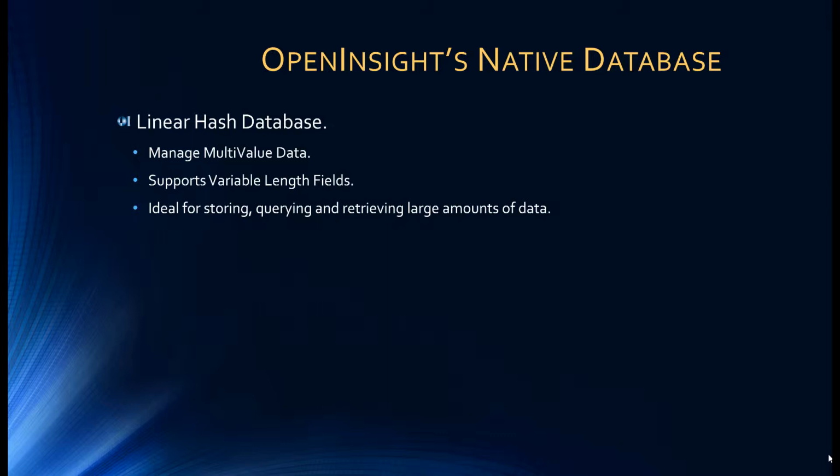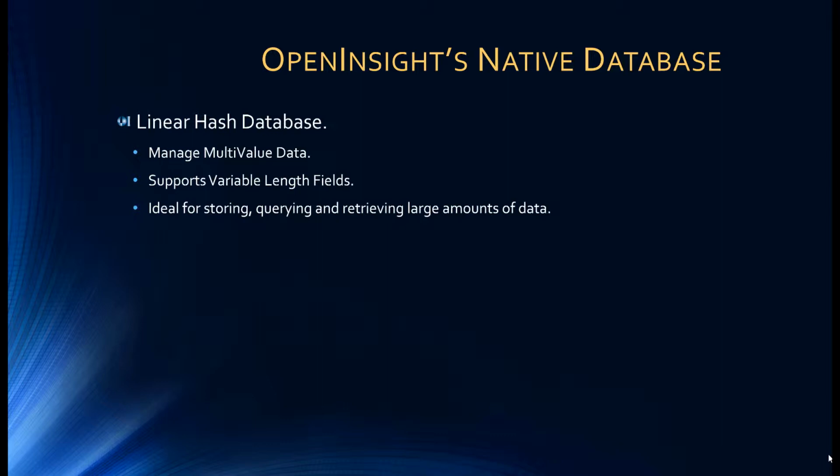So, OpenInsight's native database is referred to as the linear hash database, and in short, it's very, very good at managing the multi-value data that OpenInsight is based on. Now, multi-value data is delimited data, and we'll have a look at that in a few moments. That data also supports variable length fields. So these are fields that can be any sort of size. You don't have to predefine them when you are creating the dictionary, and OpenInsight will manage the size.